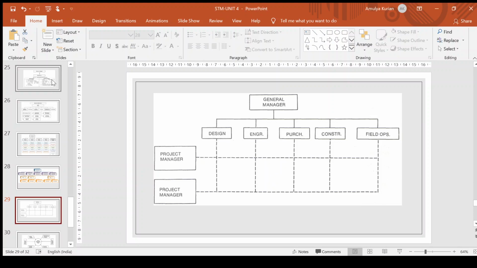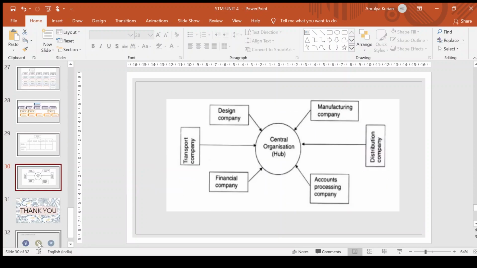So entrepreneurial, functional, divisional, strategic business unit, matrix, and next one, network structure. A networking organization is one that is created around a central organization that has a relationship and arrangement with some other organizations to perform functions like designing, manufacturing, marketing, etc. for the central organization on a contractual basis.